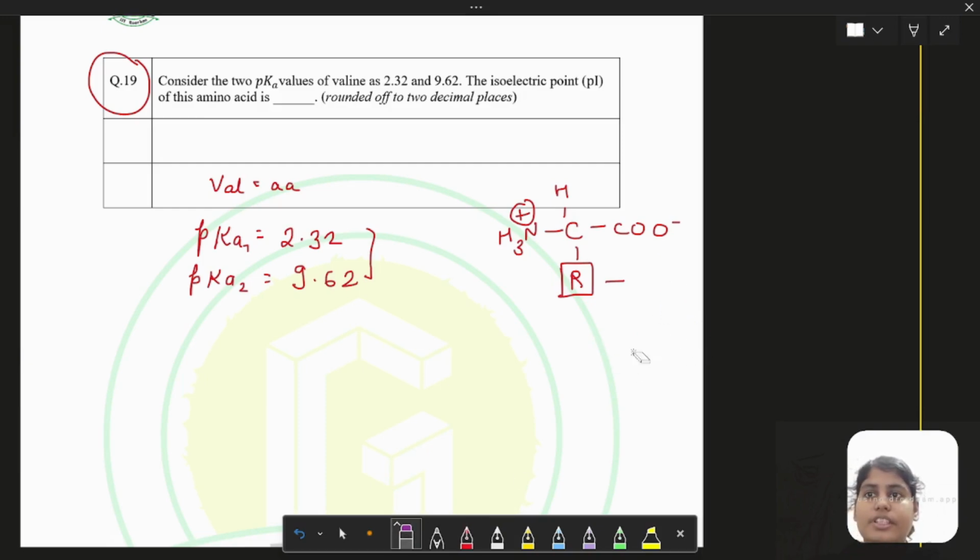But I know the pKa values: 9.62 is for the amino group, and 2.32 is for the carboxylic acid. I am sure about this.